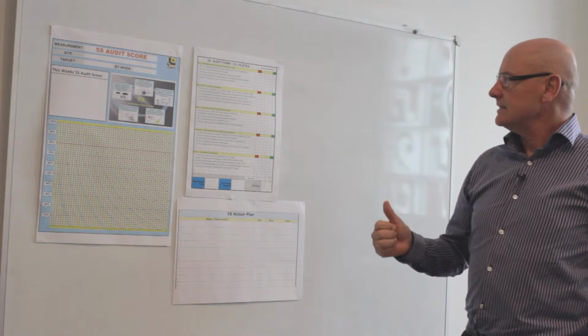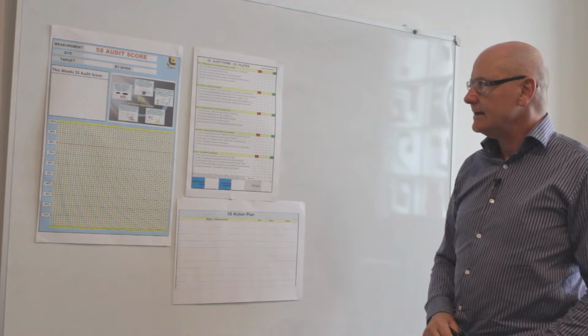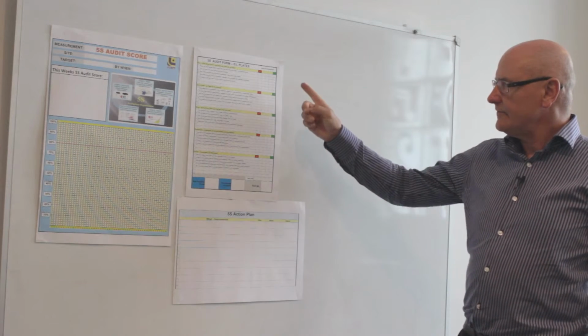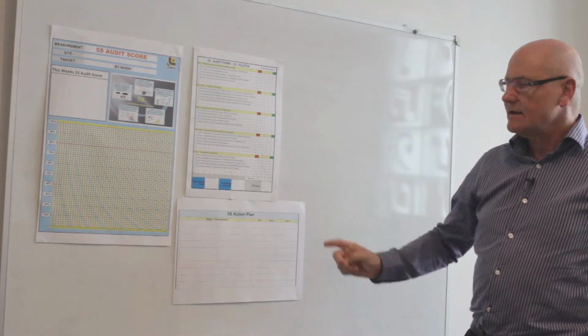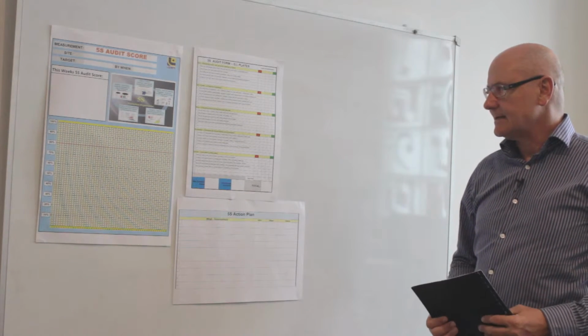The 5S audit form describes the behaviors that are required in each of those areas in respect of sort, set the workplace in order, shine, standardize, and sustain. Each week, the team of a particular area needs to go through their 5S audit form and review their level of achievement for that week. When they've completed that, they score their 5S audit for that particular week.